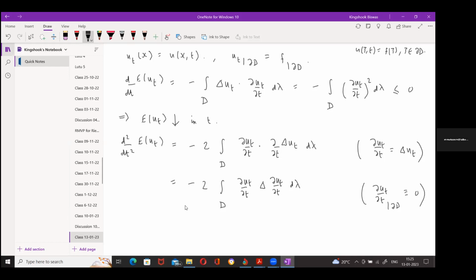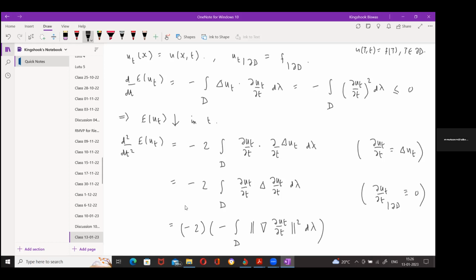Therefore, I can use the integration by parts formula and say this is minus 2 times minus the integral over D of the norm squared of grad of del u del t. This is the formula we derived earlier.